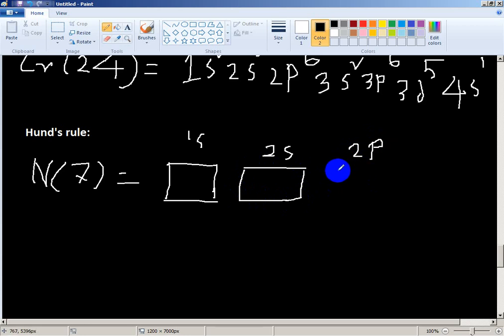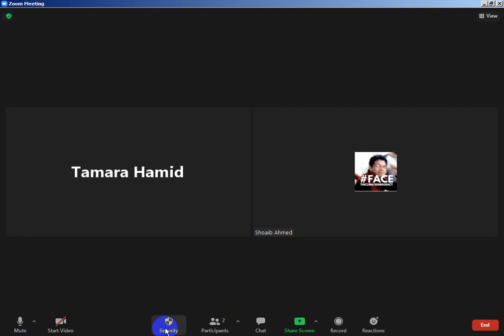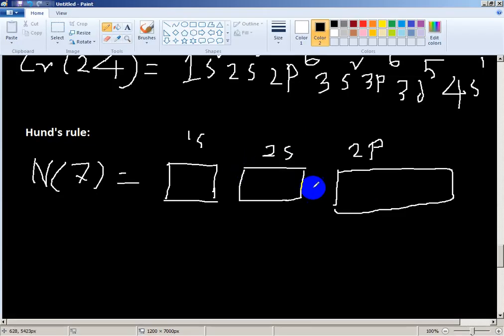The 2p orbital has 3 parts: 2px, 2py, 2pz. Nitrogen has 7 electrons.